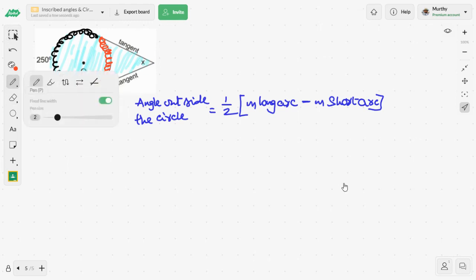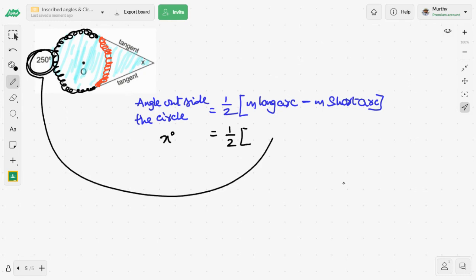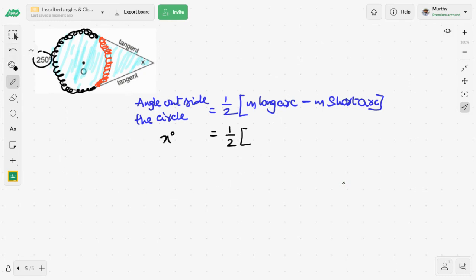Let me plug in the values. It seems very simple, and I see that the angle outside the circle is not given, therefore let it be x equals half of the measure of the long arc. You see that this is 250 degrees.